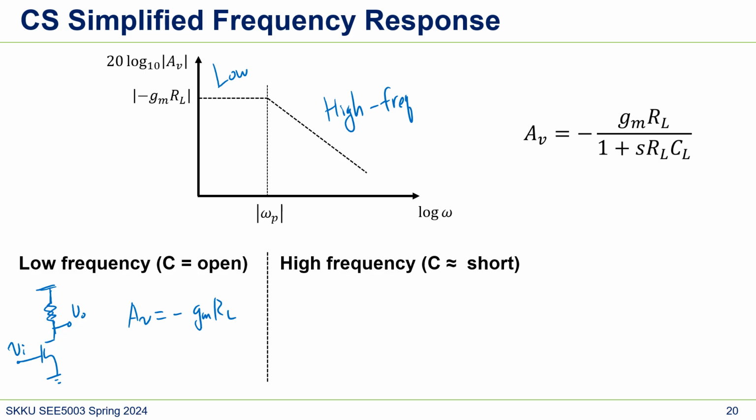At high frequency, the impedance of Cab is decreasing, which means our gain is decreasing. At a very high frequency, assume Cab is shorted and our gain will be 0. So our gain is decreasing like this with minus 20 dB per decade.